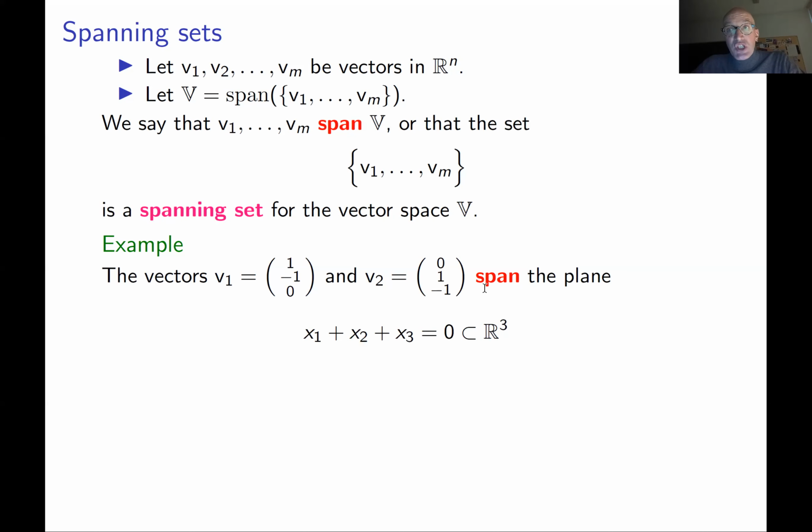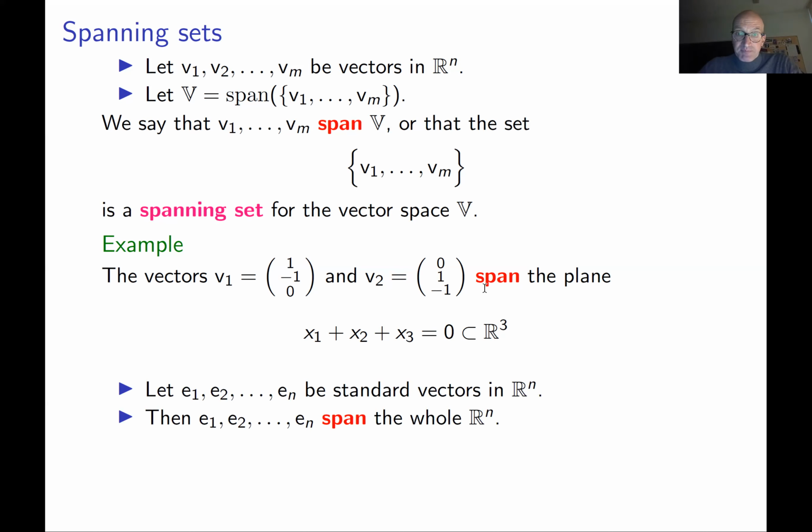And second, which has to be checked, which is not obvious, that these vectors span this plane. So what does it mean? It means that every vector in this plane is a linear combination of these 2. This has to be checked. We're not going to do this, but this is a nice exercise.